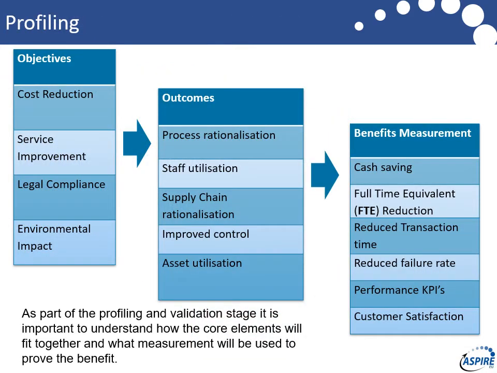So first of all, let's look at this profiling of relationships. In the identification phase, we were looking at how strategic objectives drive what we think about in terms of benefits. We've then got to think about those outcomes, those areas where we think we can find savings. So in this little example, we're saying, okay, if we hunt down the service improvement, we can see some process rationalization coming into it.